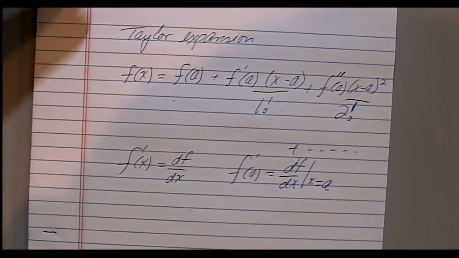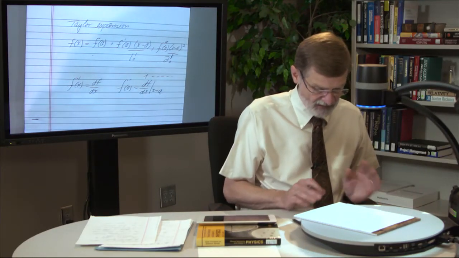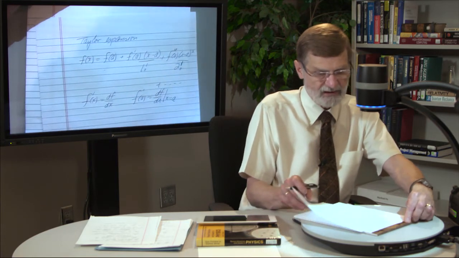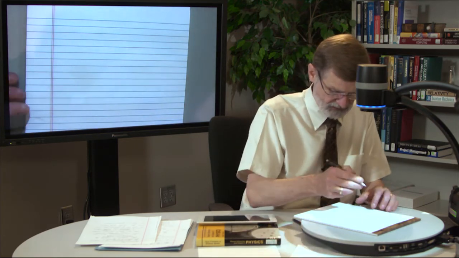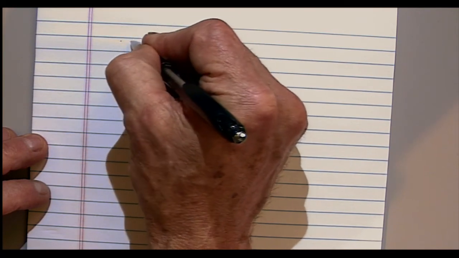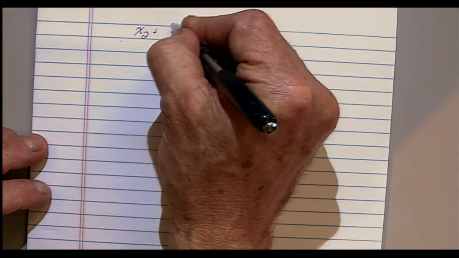Okay, so with that, we can now apply it to the stress and calculate how the stress changes as a function of vertical position. Okay, so let's take the stress. We're going to expand about the point x2 plus delta x.